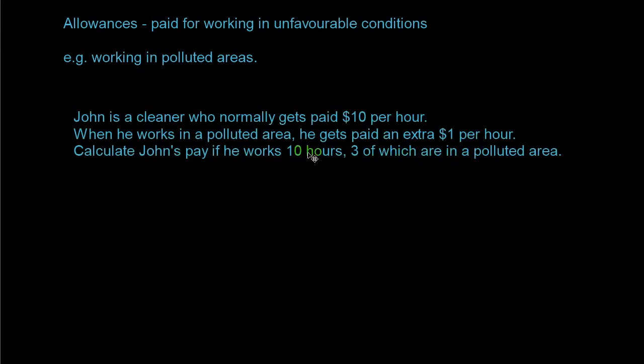So here is the problem. John is a cleaner who is normally paid $10 per hour. When he works in a polluted area, he gets paid an extra $1 per hour. Calculate John's pay if he works 10 hours, 3 of which are in a polluted area. So he gets paid an extra $1 per hour for the 3 hours.